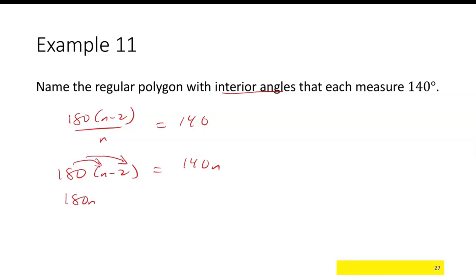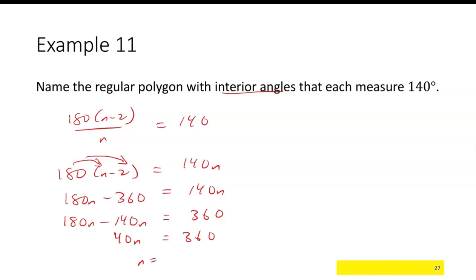So 180n minus 360 is equal to 140n. And then add 360 to both sides and subtract 140n. I can rewrite it as 180n minus 140n equals 360. 180n minus 140n is 40n equal to 360. Divide by 40, you'll have n is equal to 9. So this would be a 9gon. Or I think nonagon is the correct term.